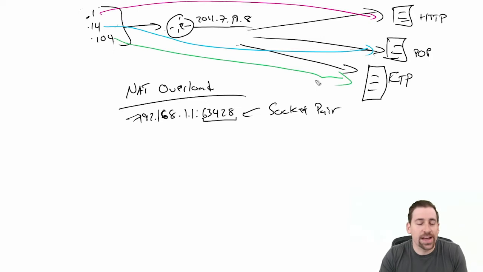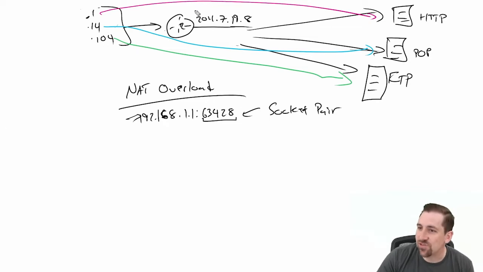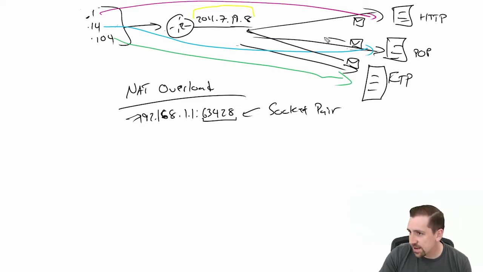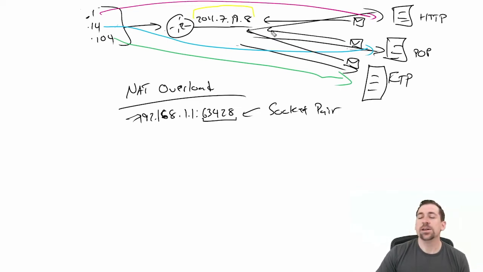servers on the internet, when those servers communicate back, who are they communicating back to? They're communicating back to this address, because that's the address that they see. When we were talking about this in network address translation, we said this is the address that all of these hosts see. So when every response packet comes back to R1, it's all coming back to the .8 host, 204.7.19.8.